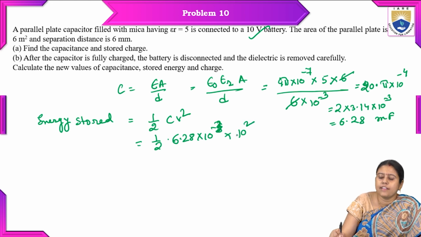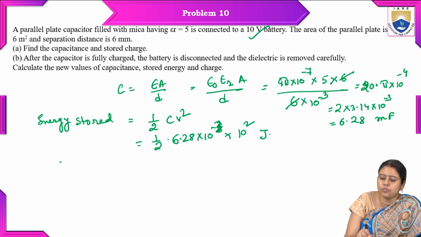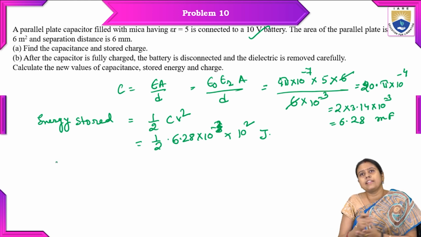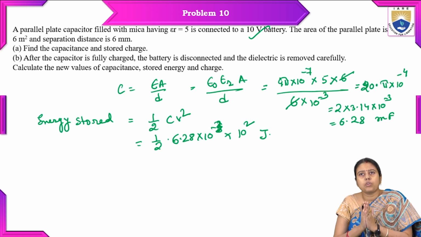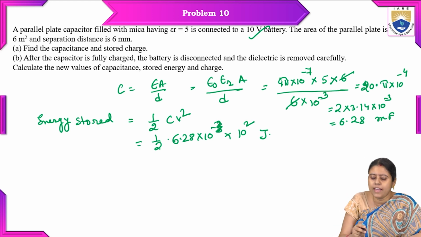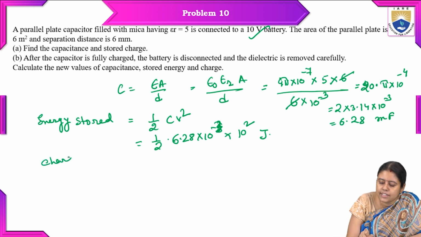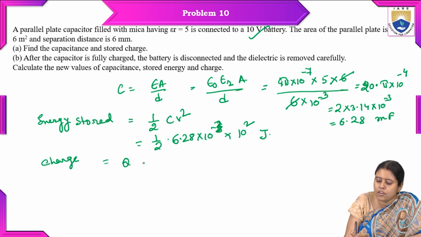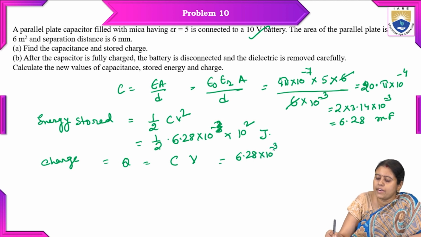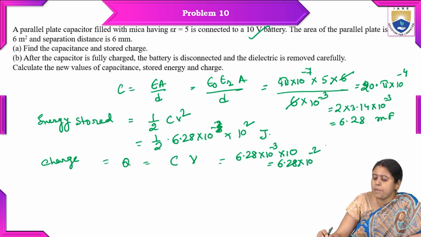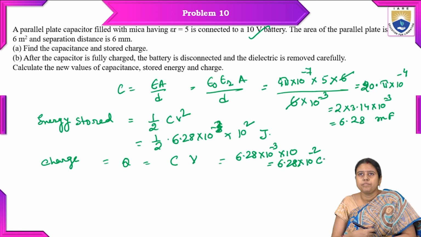So we will get the energy in joule. Now we are disconnecting the battery, but the total charge will be the same. So what is the charge? The charge Q is equal to C into V, which means 6.28 into 10 to the power minus 3 into 10. So the value is 6.28 into 10 to the power minus 2 coulomb.